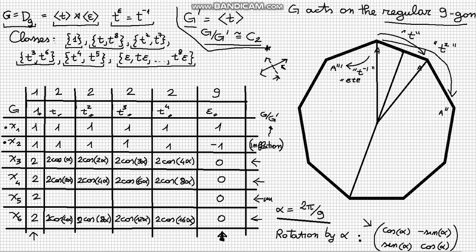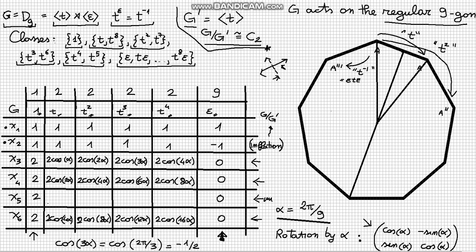And now we are interested in this line. This line is just like the other lines, but instead of alpha, 2 alpha, 4 alpha, we have to put 3 alpha. But what is cosine of 3 alpha? Cosine of 3 alpha is cosine of 2 pi over 3, which is -1/2.